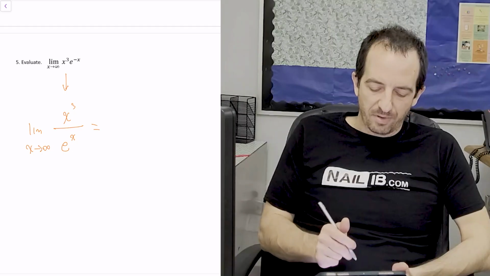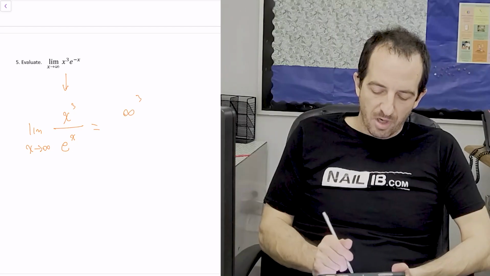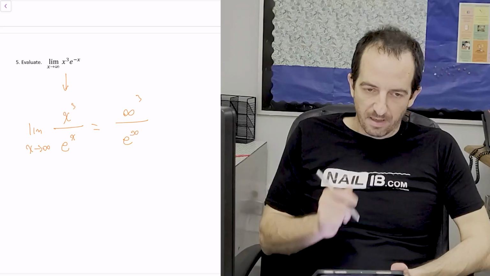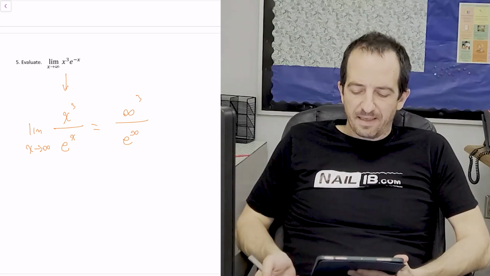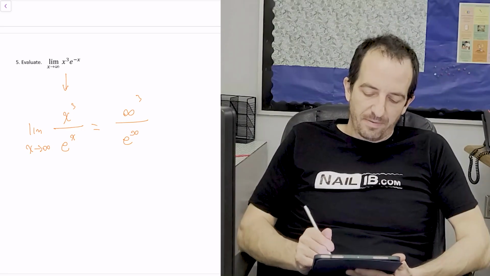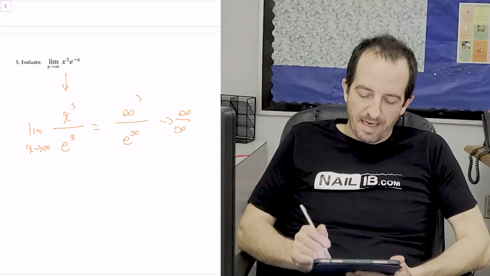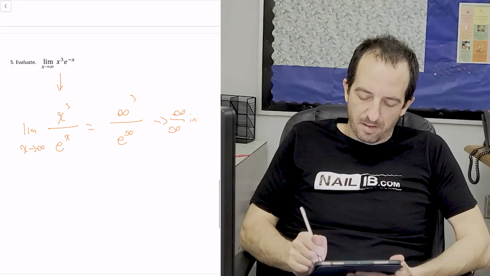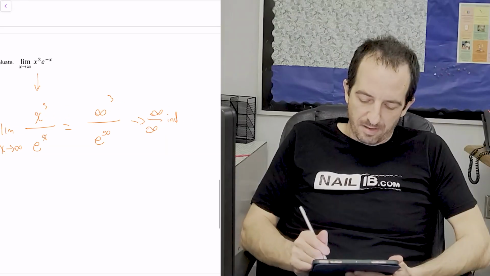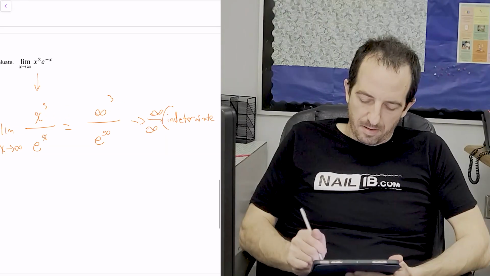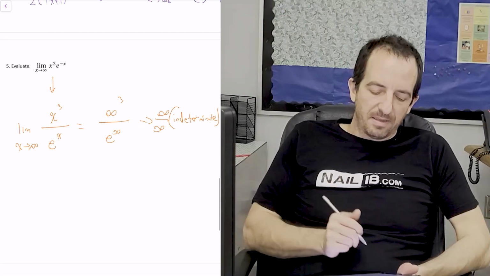Well, I substitute in, I get infinity cubed over e to infinity. And we see that both of these are equal to infinity. So this is infinity over infinity, indeterminate. As a result, we could use L'Hopital's rule.